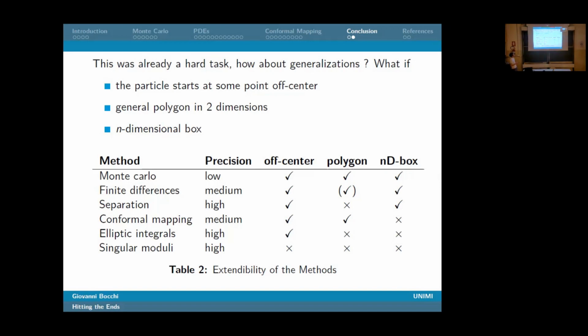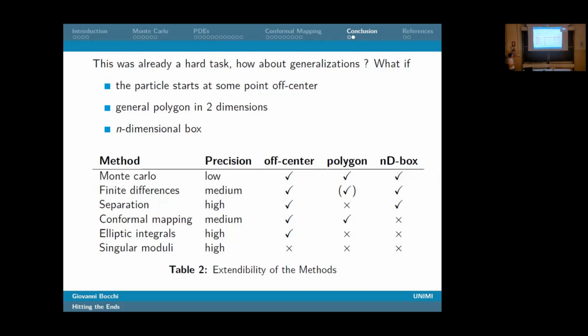Finite differences work for the off-center and the n-dimensional box, but are a little bit more tricky for a general polygon in R2, while separation of variables really works only for rectangular domains and not for polygons, and conformal mappings really work for off-center, every polygon in 2D, but they have no direct generalization in n dimensions.